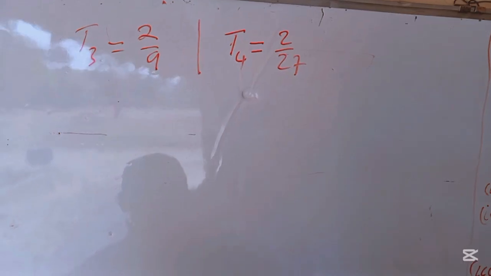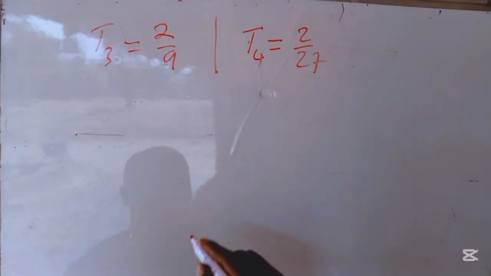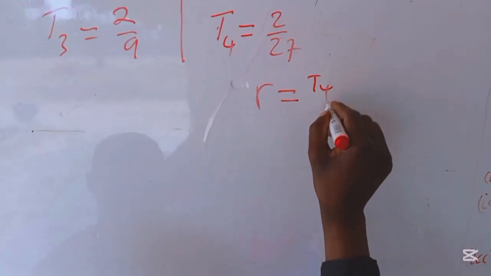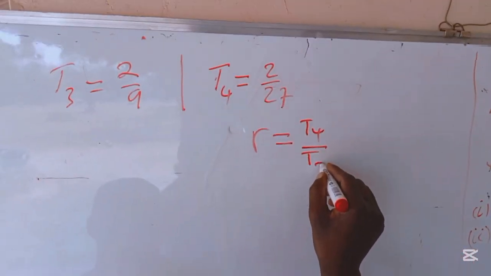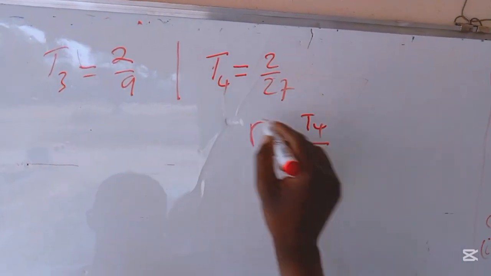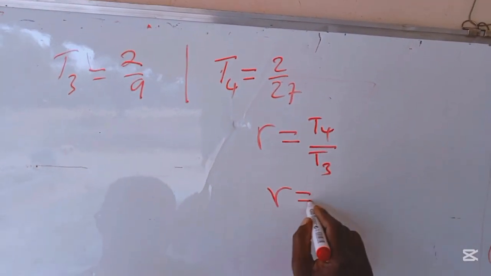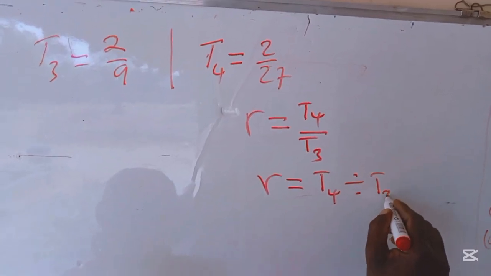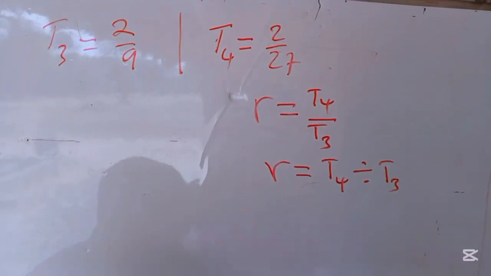Remember, how do I get the common ratio? I can get it as my fourth term divided by my third term. As long as these are fractions, I'll put it in this form.